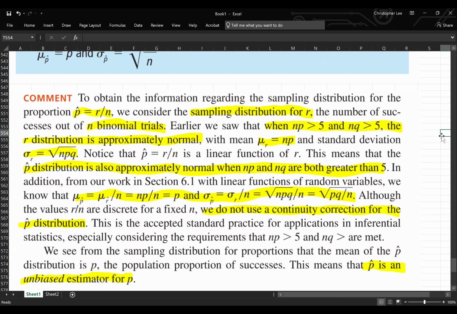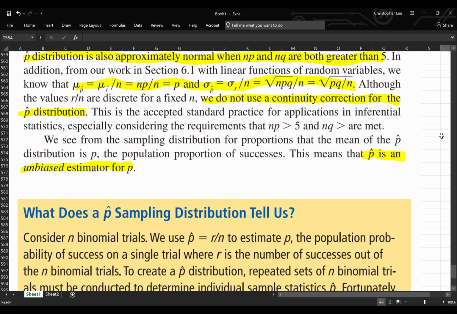We see from the sampling distribution for proportions that the mean of the p hat distribution is p, the population proportion for success. That should be rho then. This means that p hat is an unbiased estimator for our population parameter, rho.